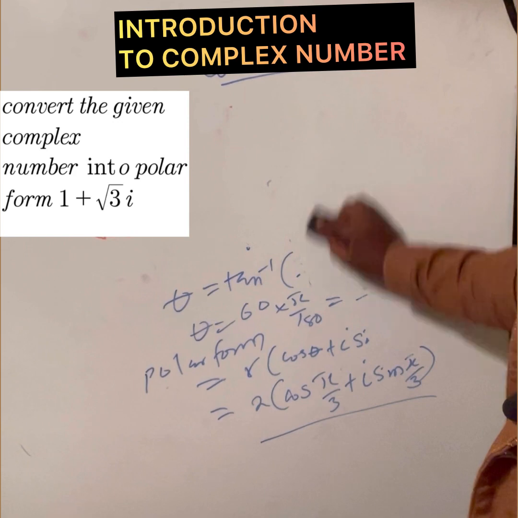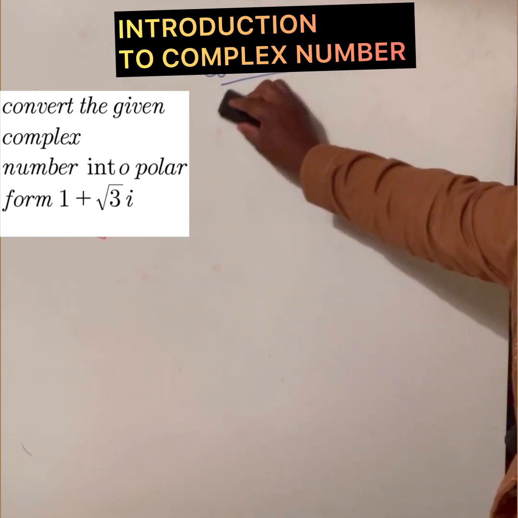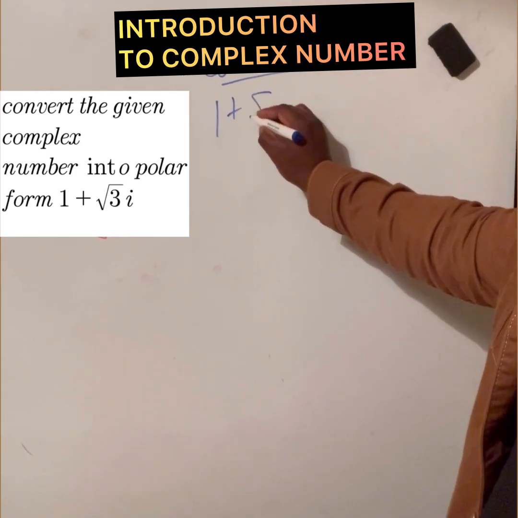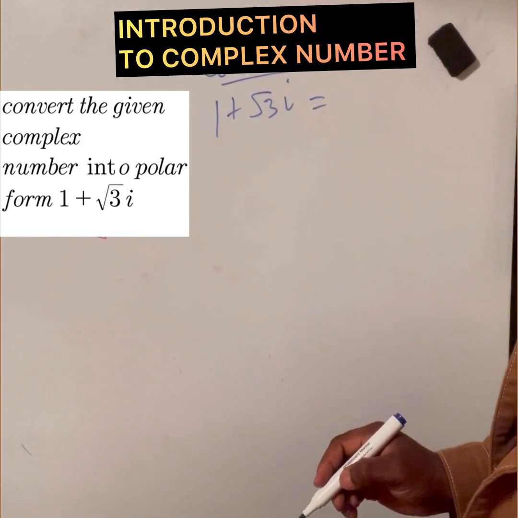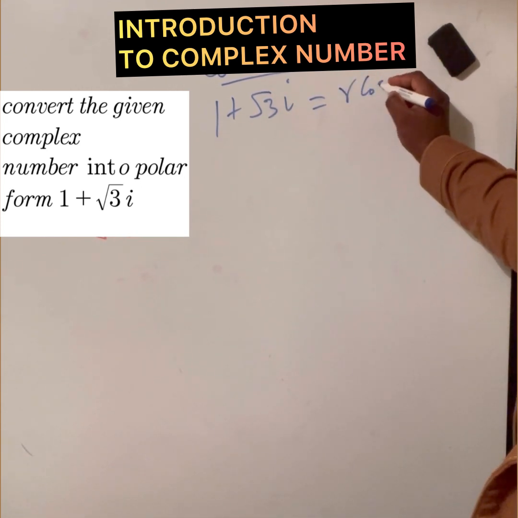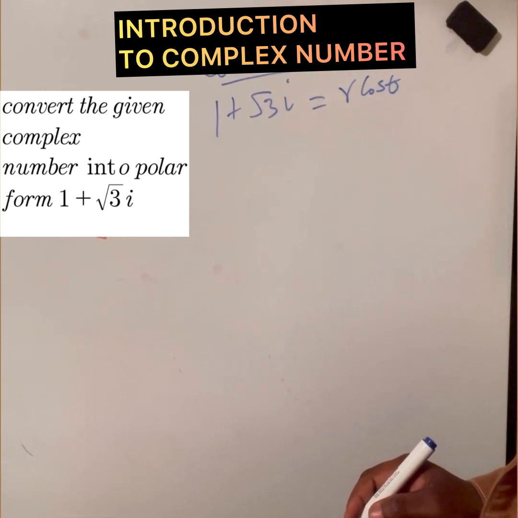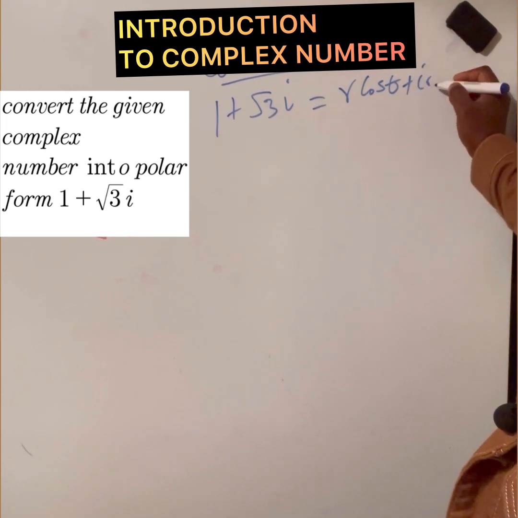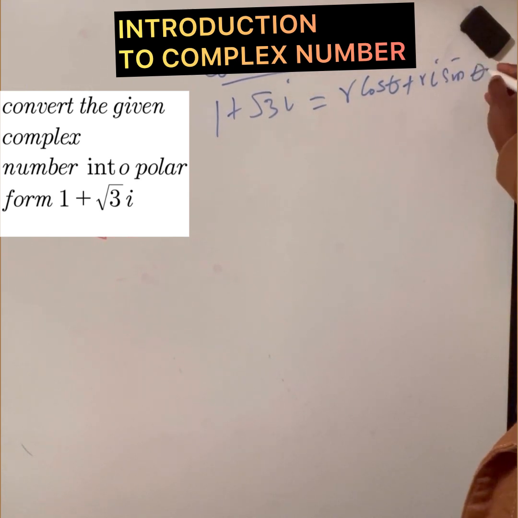So what I'm going to do is, we know that 1 plus square root of 3 i is equal to the polar form r cos theta plus i r sine theta. This is the polar form.